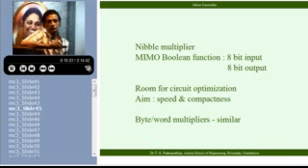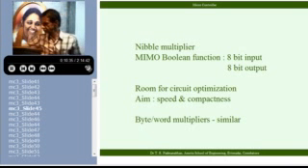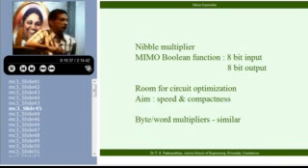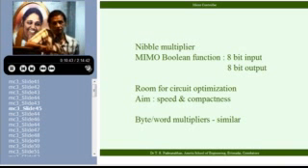I got altogether 8 bits as inputs. I have to generate 8 bits as output. So 8-bit input, 8-bit output, a multiple input, multiple output function.